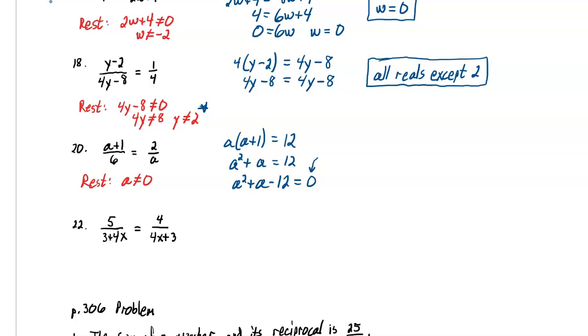This is a trinomial, and it factors. A times A gets you started. Now we need two numbers that multiply to make -12, and the two numbers add up to +1. That would be a +4 and a -3.